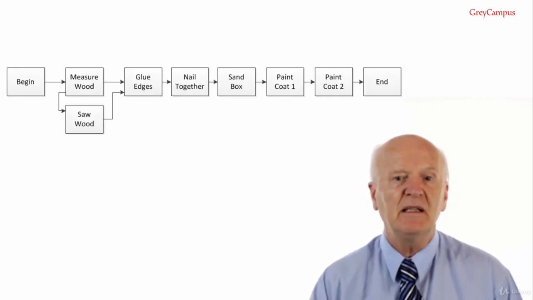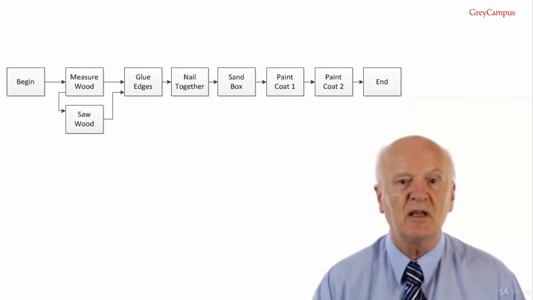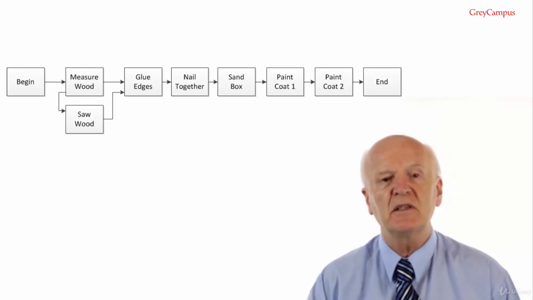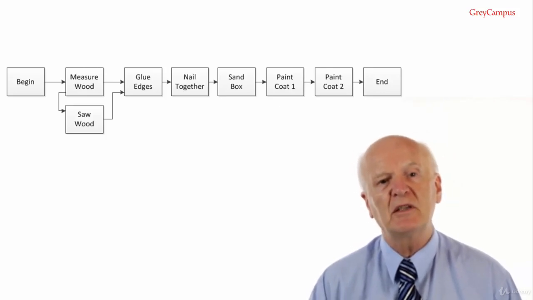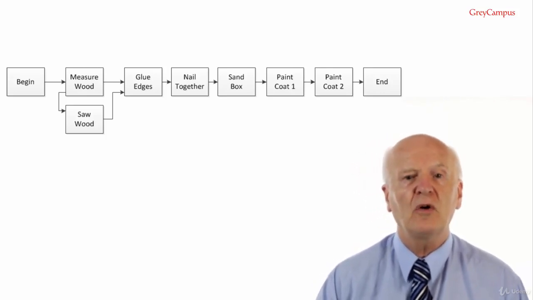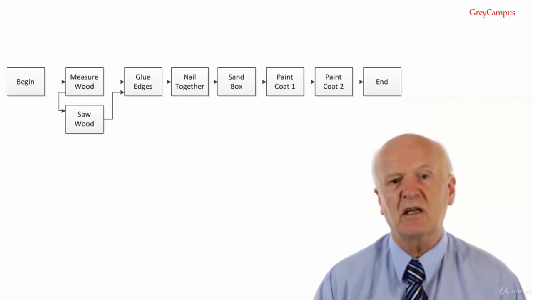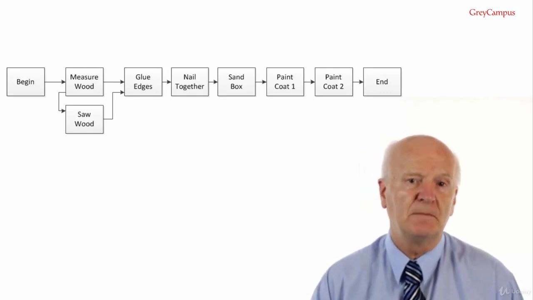Discretionary dependencies. In the exam, these may be referred to as preferred logic, preferential logic, or soft logic. Discretionary dependencies are established based on knowledge of best practices within a particular application area or some unusual aspect of the project where a specific sequence is desired, even though there may be acceptable alternatives.